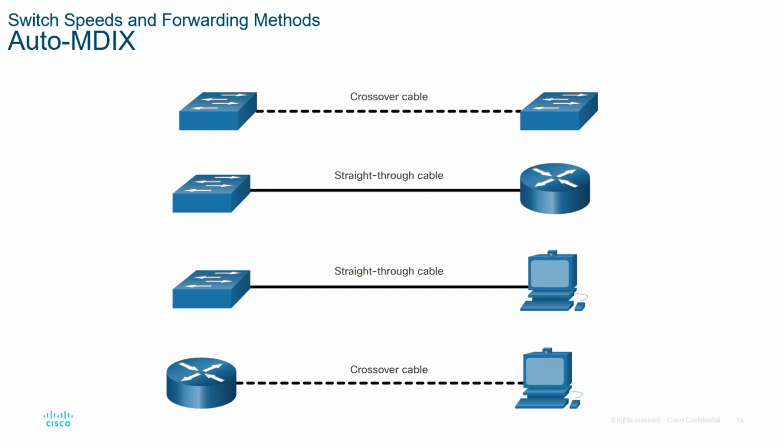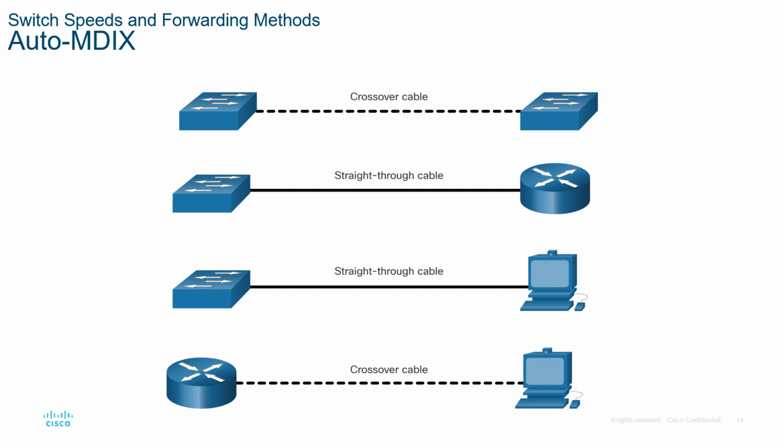Like what you usually learn, if the devices are of the same type, we use the crossover cable. And if we are connecting devices of different types, we use the straight through cable.